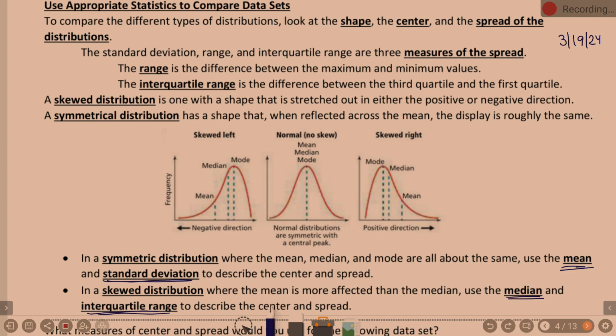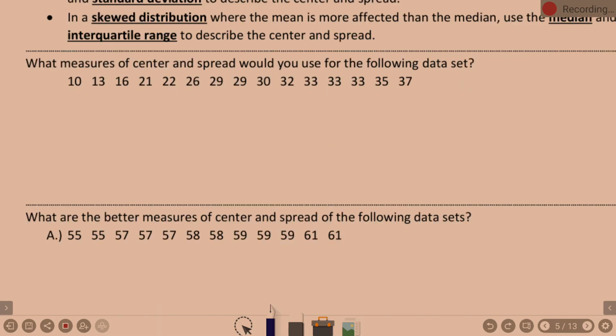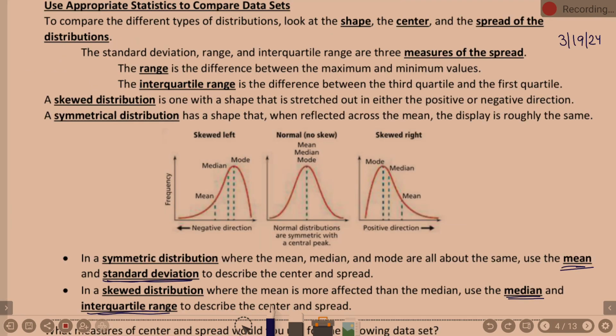So, let's look at the next example. The question is, what measures of center and spread would you use for the following data? When I ask what measures of center and spread, you're either using the mean and the standard deviation together, or you're using the median and the interquartile range. Those are your options.